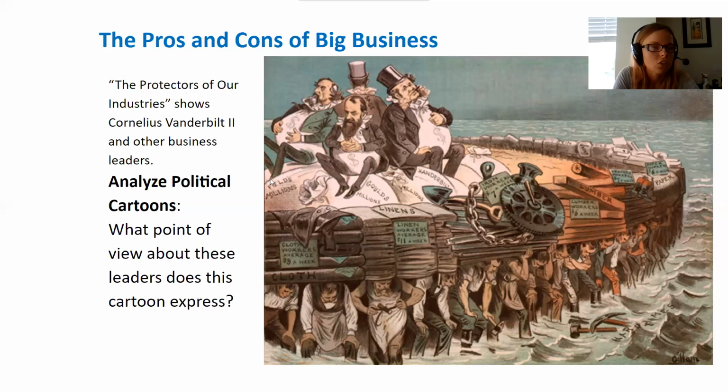So again, the message of this cartoon is that these robber barons aren't really working that hard for their money. They're getting all their riches off the backs of these poor workers whom they are taking advantage of. They are robber barons. All right, and that's how you analyze a political cartoon. We're going to be doing a lot of these throughout this class.